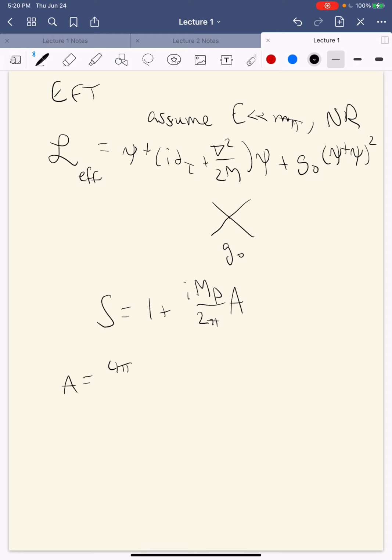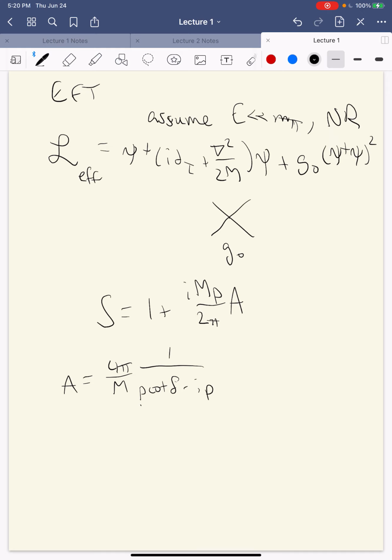Again, this is probably a different normalization than you're used to because we're in a non-relativistic theory, but it still has roughly the same dependence. So this you should have seen before. The scattering amplitude depends inversely like p cotangent delta, where delta is the scattering phase shift, minus ip.